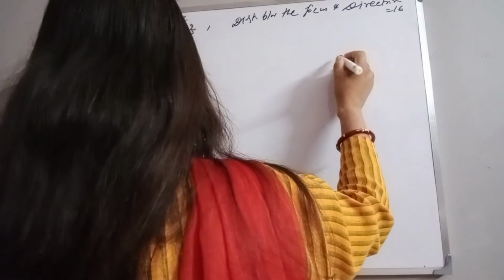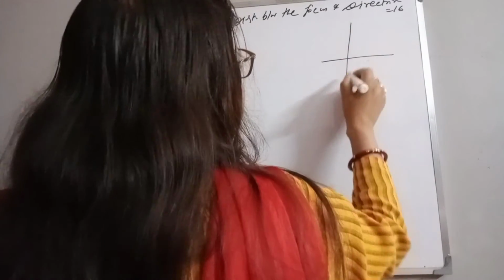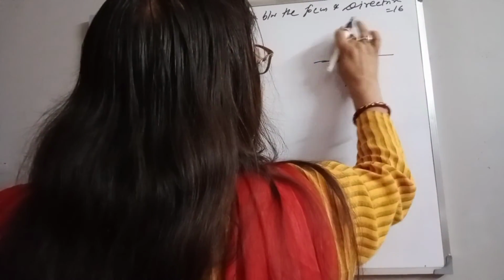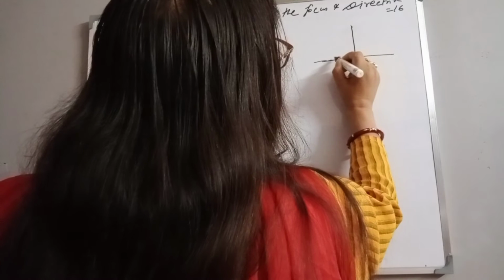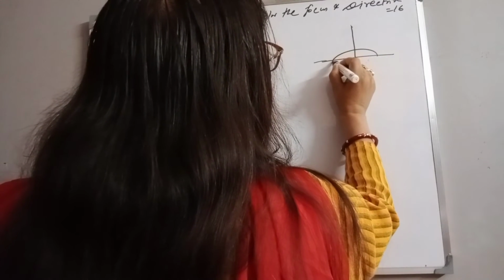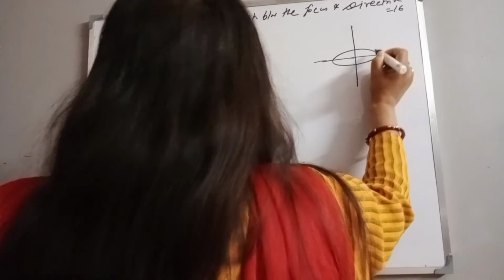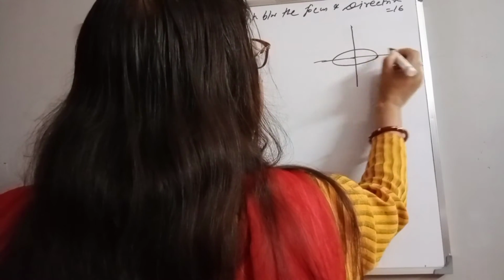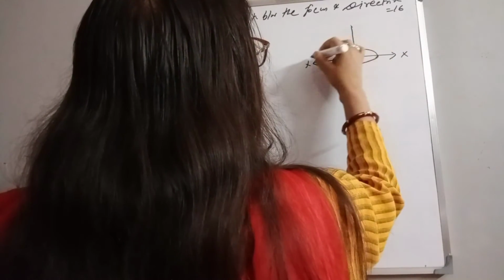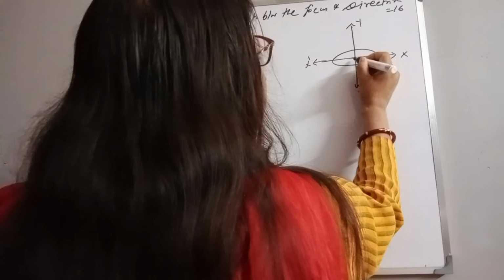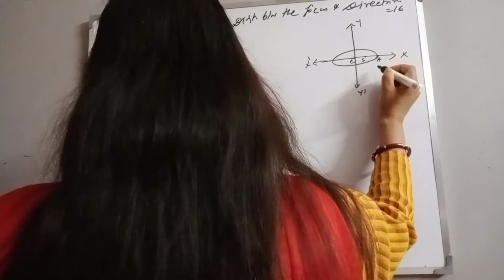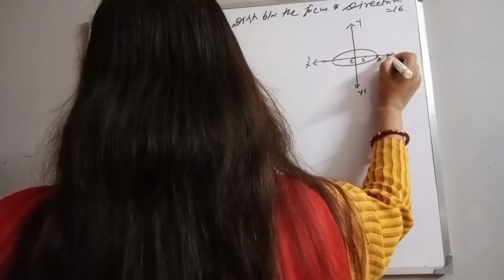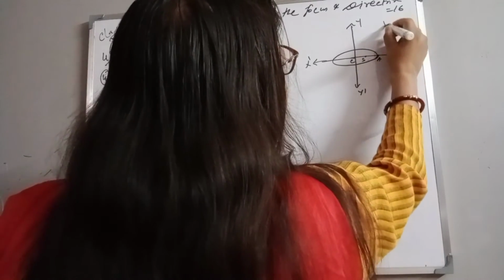If we draw the ellipse in this way, let this be the center C. Let this be the focus S, and this is A. Let this be Z, that is the directrix.